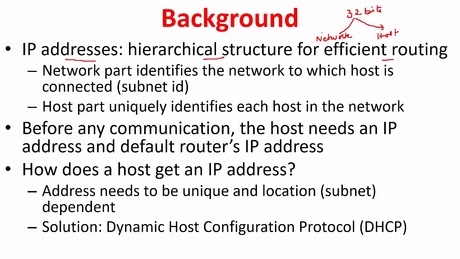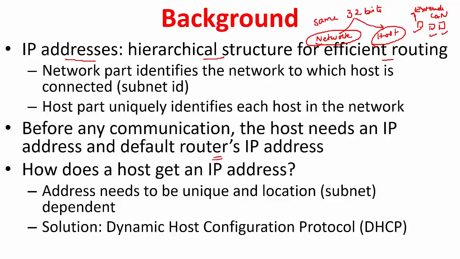The network part identifies the network to which the host belongs. For example, all the hosts within an extended LAN will belong to one given network, and thereby will have the same network portion, whereas the host portion will be different because the IP address each host gets has to be unique.